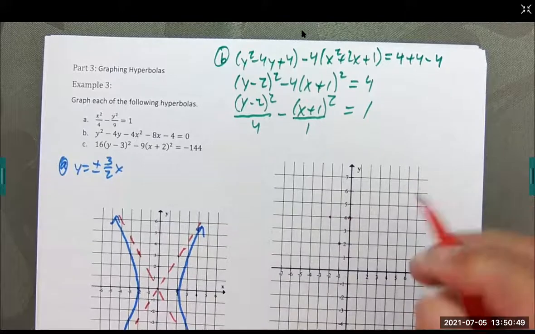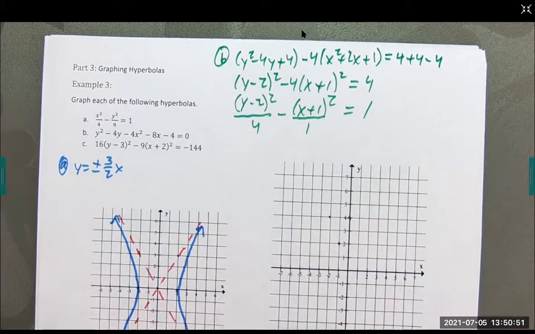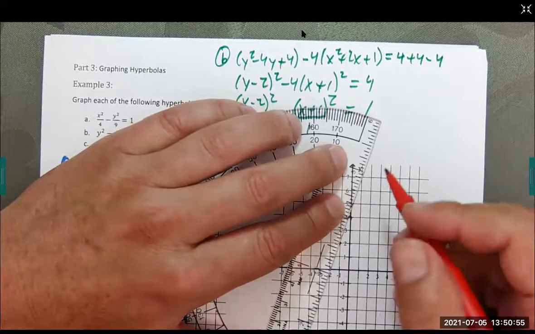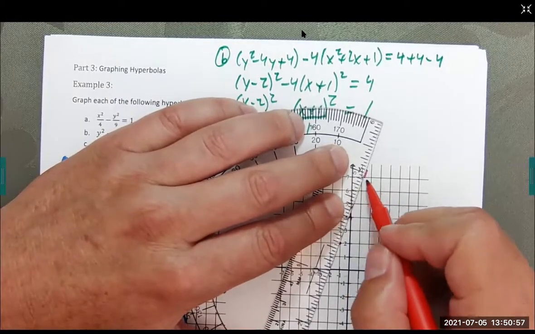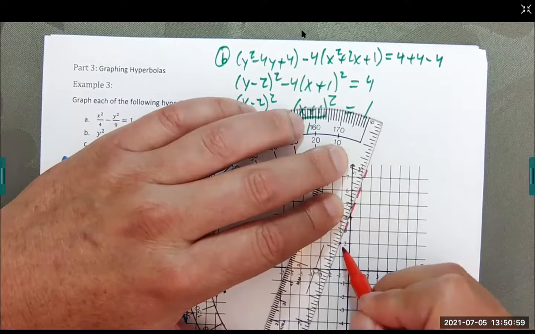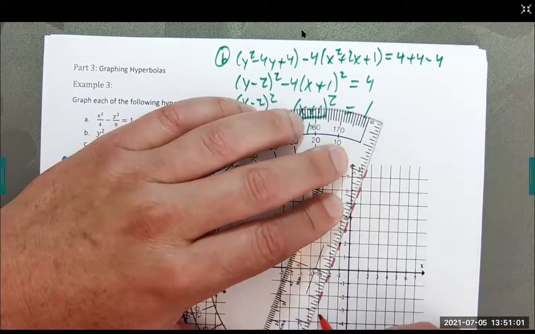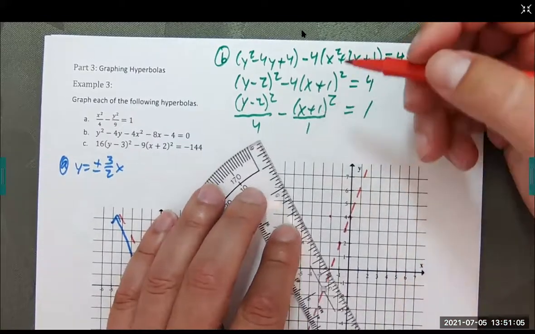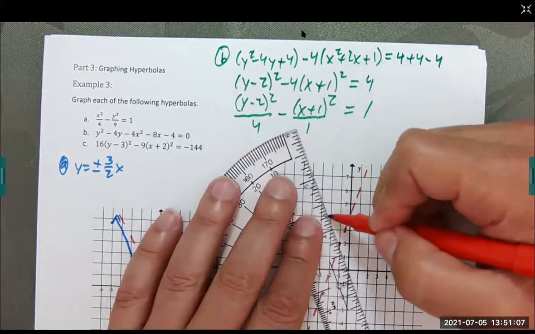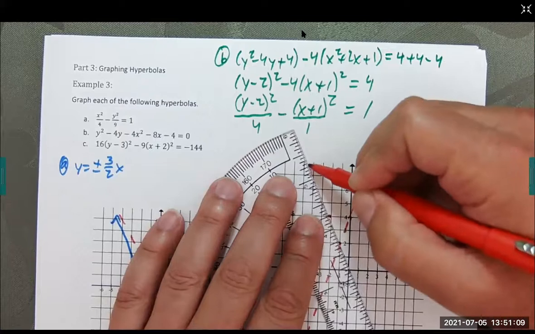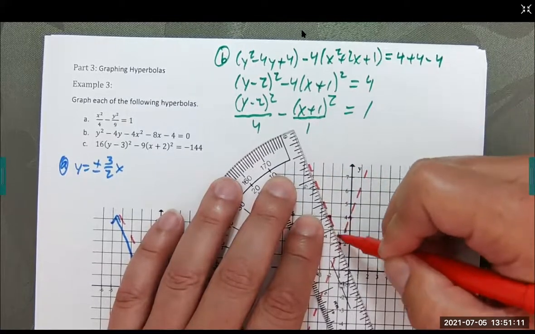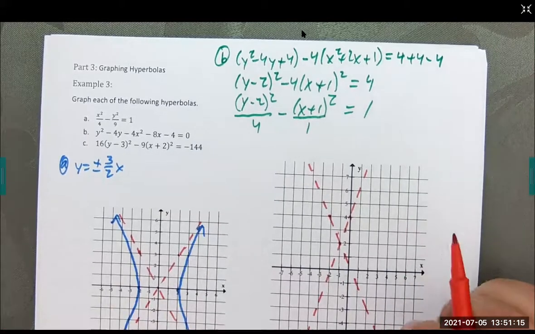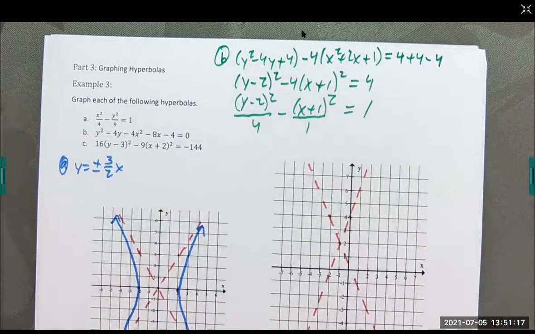So here are our asymptotes. And we know this is going up and down.